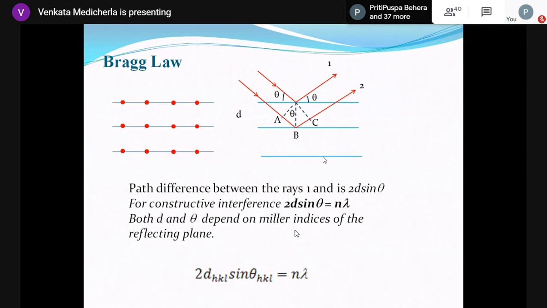So what we need to do is just take one ray which gets reflected from the top surface, and another which gets reflected from the bottom surface. What is the path difference between these two?